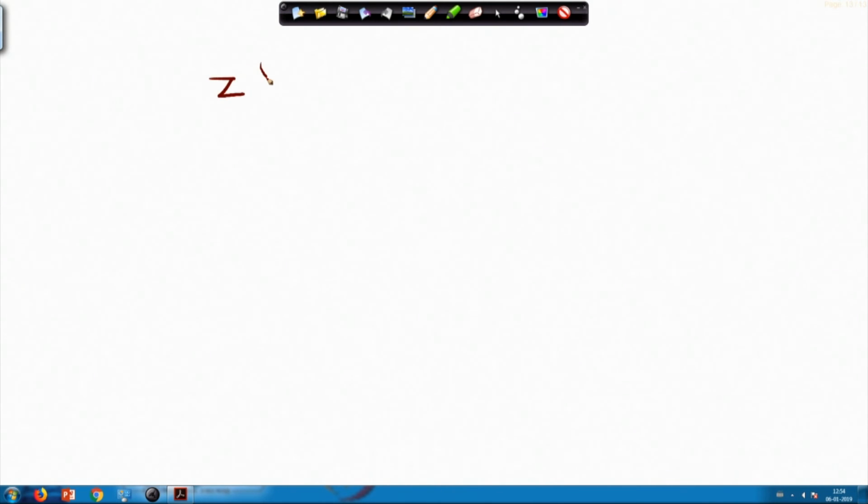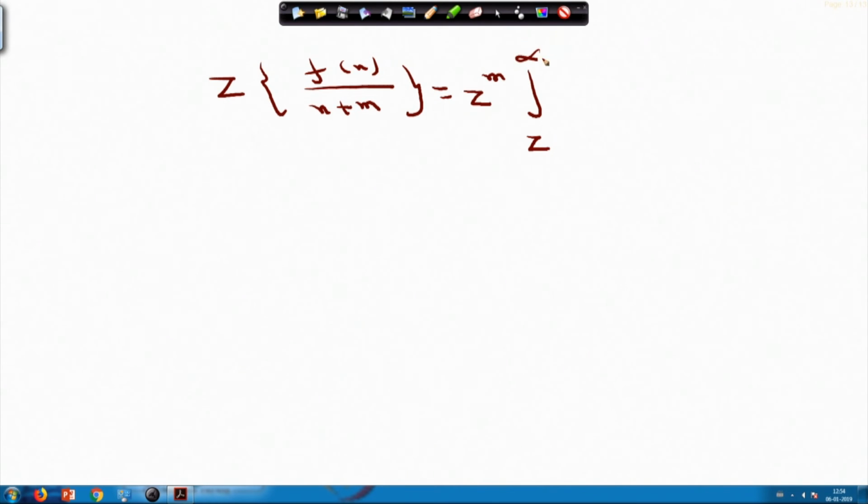So the Z transform of f(n) by n plus m equals z to the power m into the integral from z to infinity, where I am interchanging the summation and integration, of summation n equals 0 to infinity f(n) into x to the power minus n plus m plus 1 into dx.